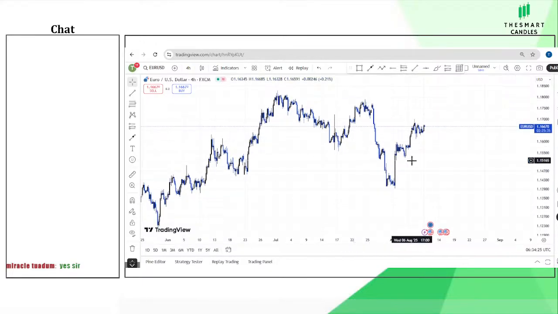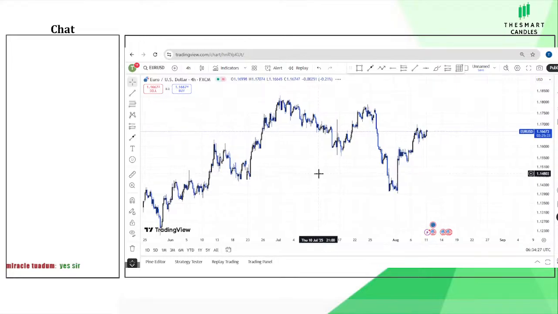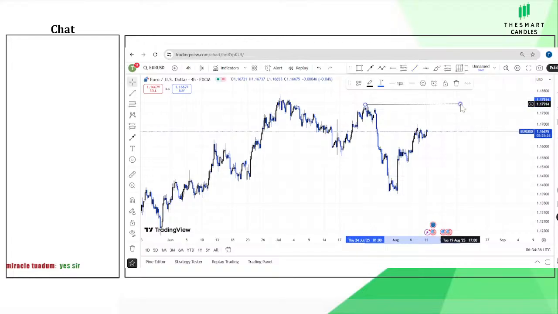We're seeing a bearish price action on Euro USD. This is our trading range. We have this range, and we still have another range here. So within this range, what is happening?